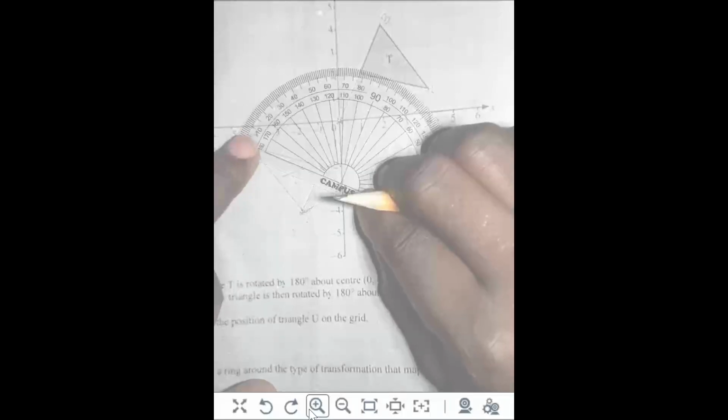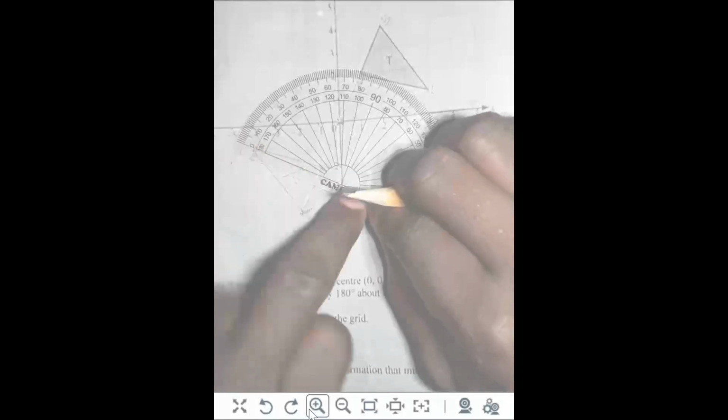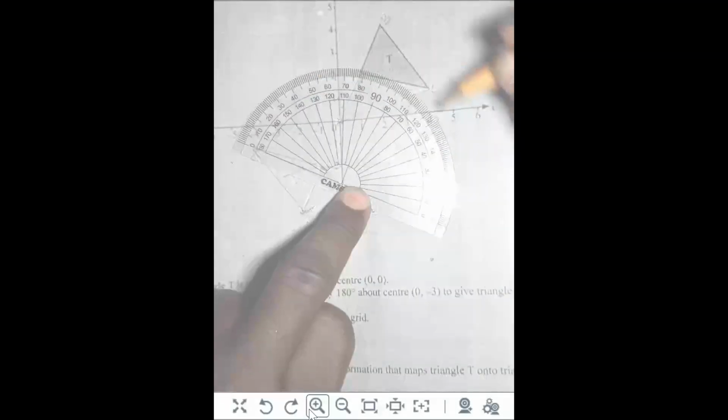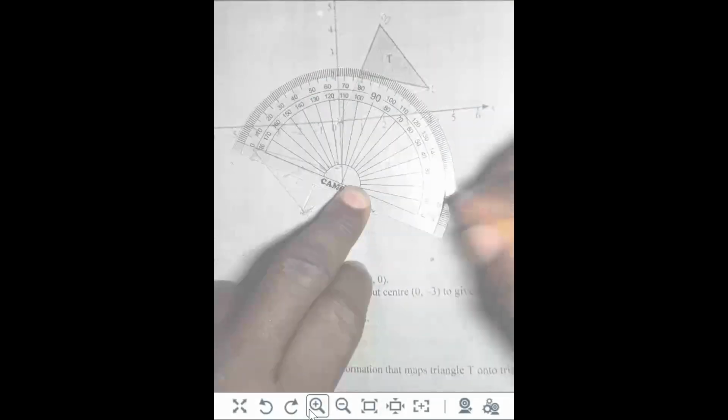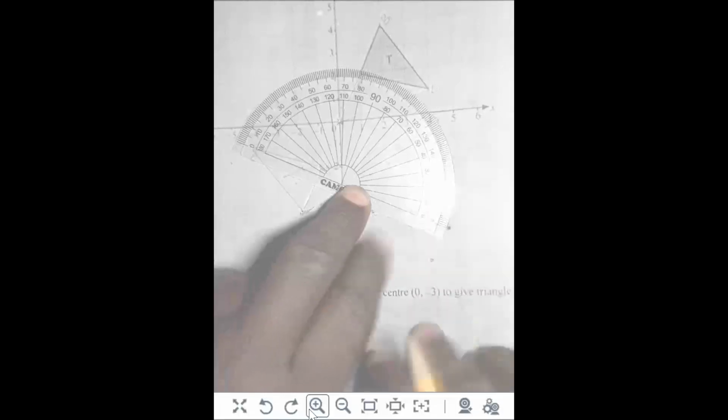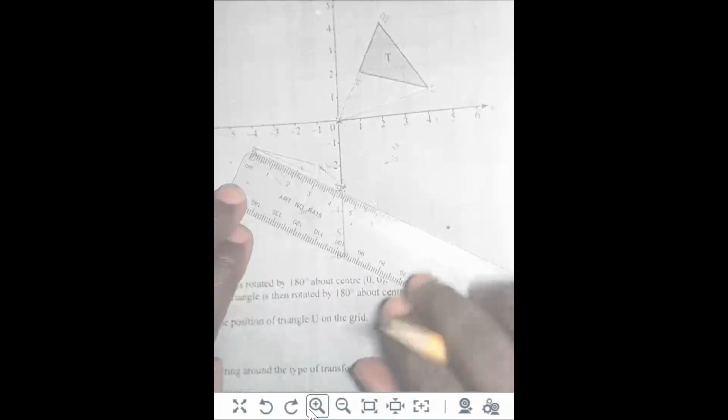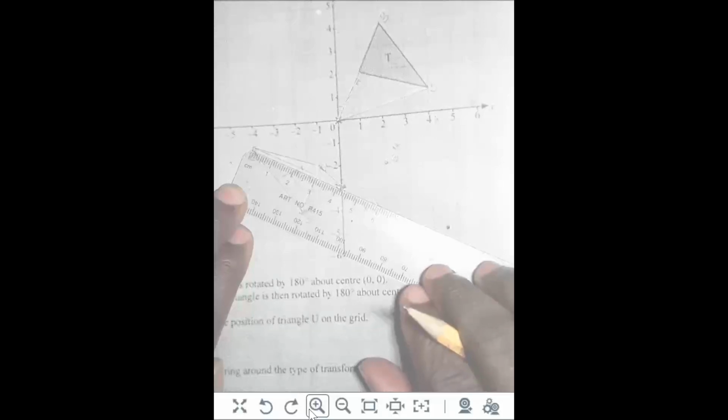If you set it very well, from C, that is 0, you come all the way here, and 180 degrees is somewhere here. Then I'll remove my protractor, then place my ruler from point C to center of rotation, which is about 4.2.